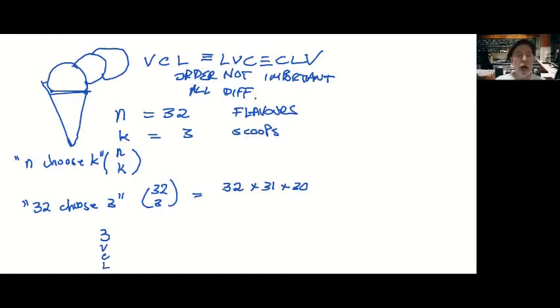But the next one, for each of those, there's 2 possibilities. That vanilla could be matched with a chocolate, or with a liver. Same with the chocolate, it could be matched with a liver or a vanilla. And the liver could be matched with chocolate or vanilla. So we've increased the number of possibilities.